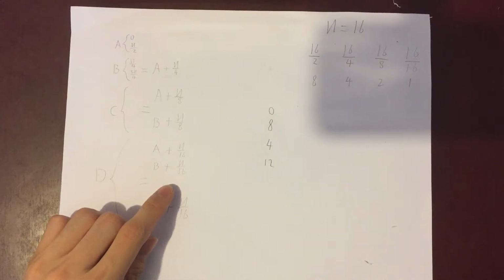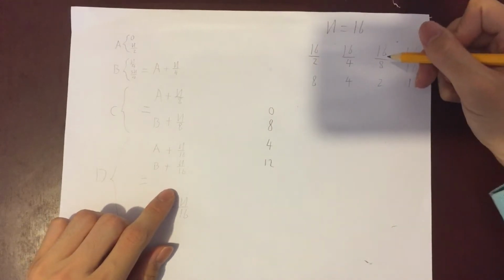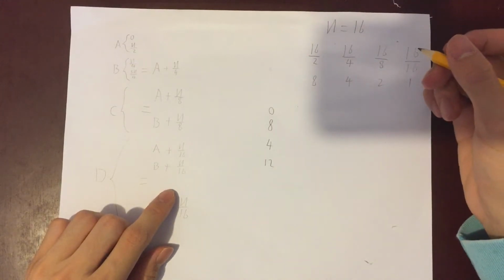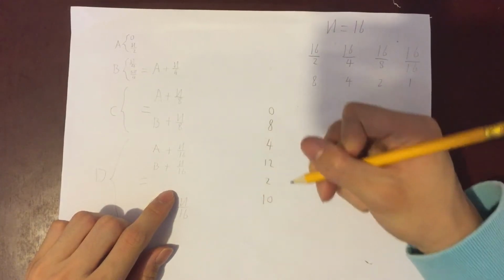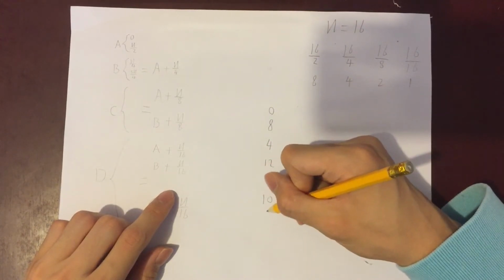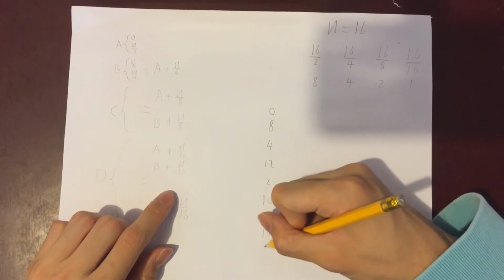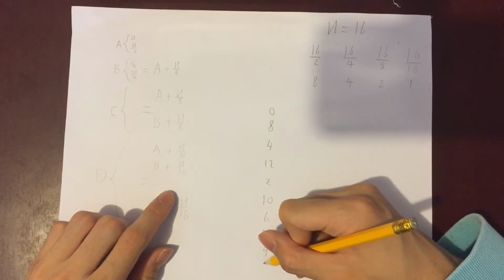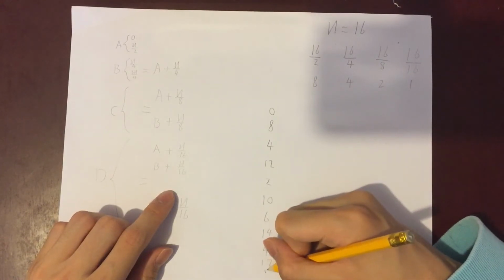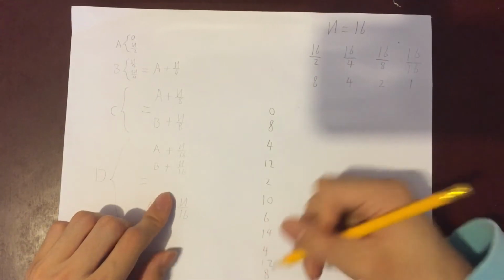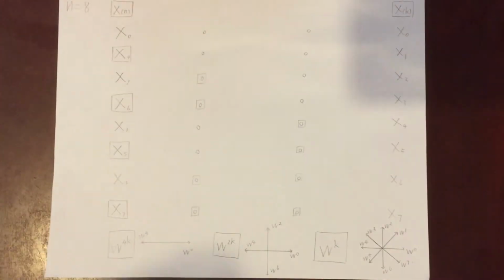I will explain it later, okay? 16 over 8, we add 2, so we get 2, 10, 6, 14, 4... Am I running out of space? Yes, I guess. 8 and 16. Okay, just like this. This is the right order.